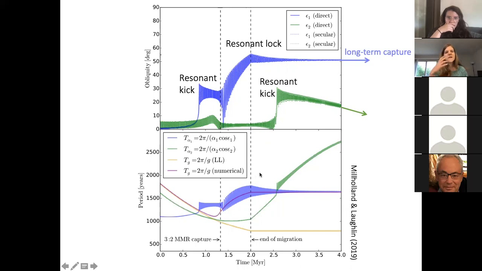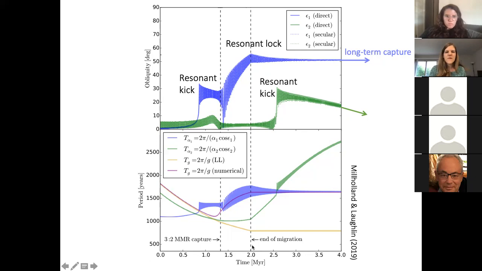The key is that in order for these planets to encounter these mean motion resonances in the first place, they need to be undergoing at least some small amount of migration in the protoplanetary disk to get captured into the mean motion resonances. As this migration happens, it changes both of these G and alpha frequencies, and they can lead to the spin orbit resonances. In this top plot, I'm showing the obliquity evolution of two planets as a function of time, and in the bottom plot, I'm showing the precession periods.